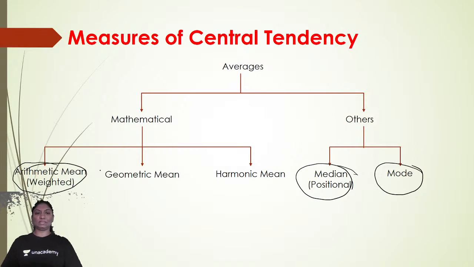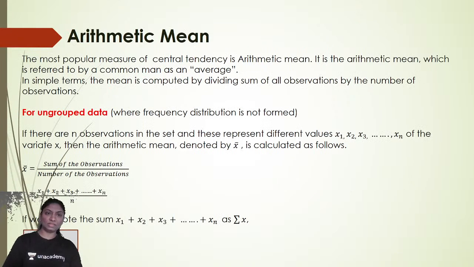All these three we will cover for discrete data, continuous data, grouped data or ungrouped data. Almost one more point we will try to cover, that is standard deviation, during this lecture. So keep watching.